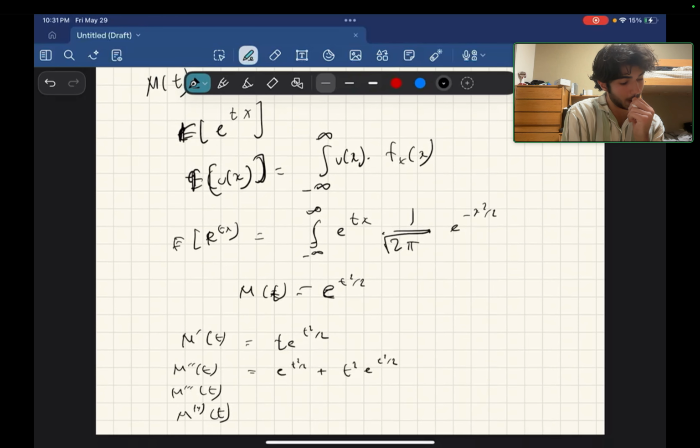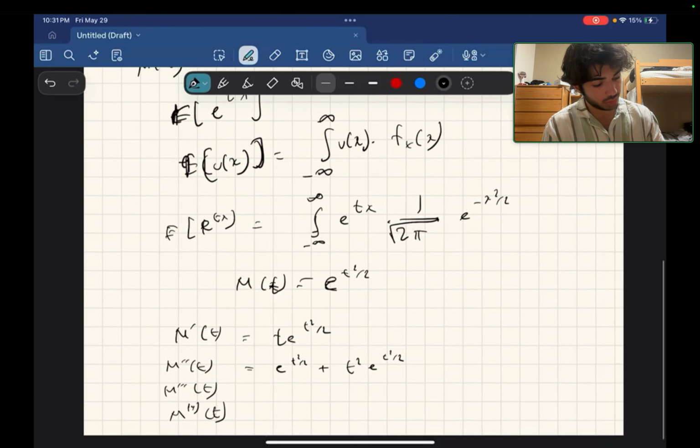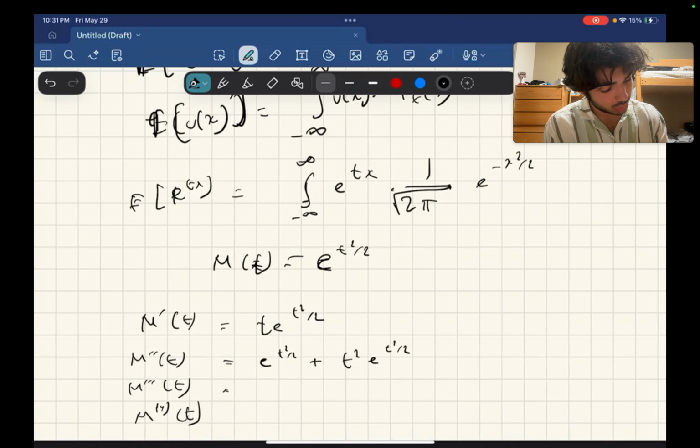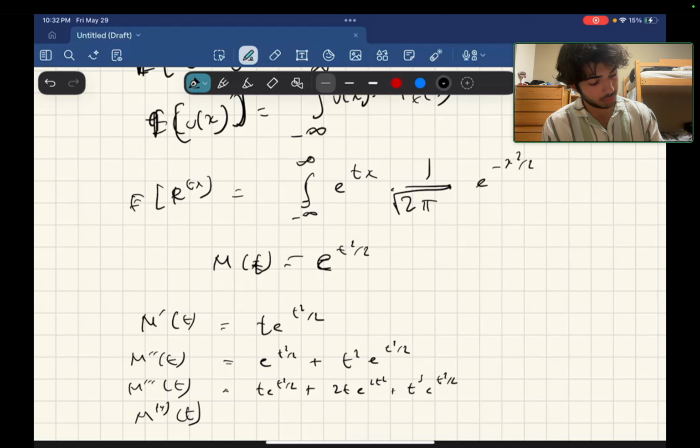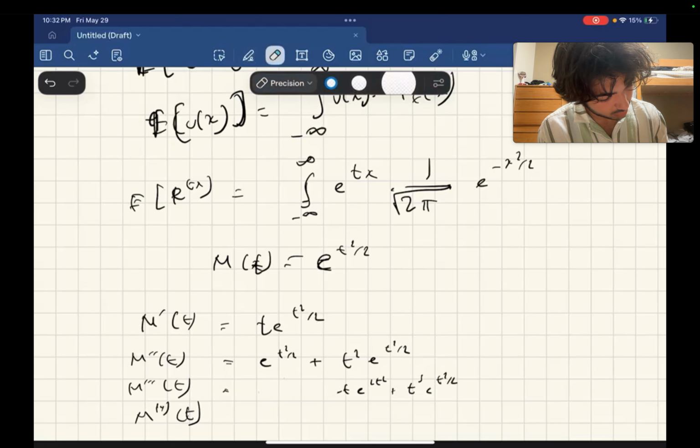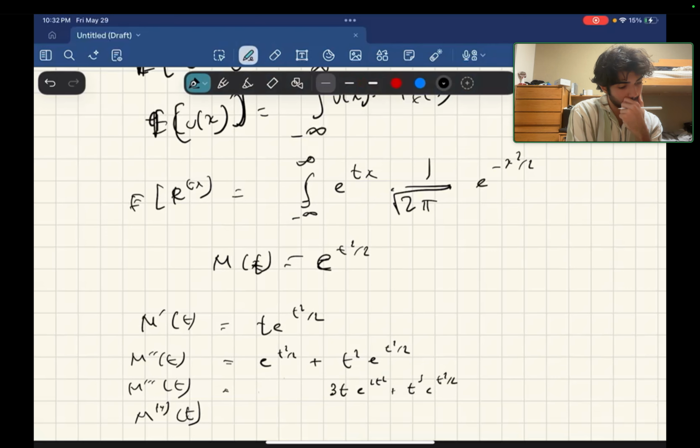Make sure. Okay, yeah. The third derivative is going to be t e to the t squared over 2 plus 2t e to the t squared over 2 plus t cubed e to the t squared over 2, and these combine into 3t. Let me make sure of the last part.